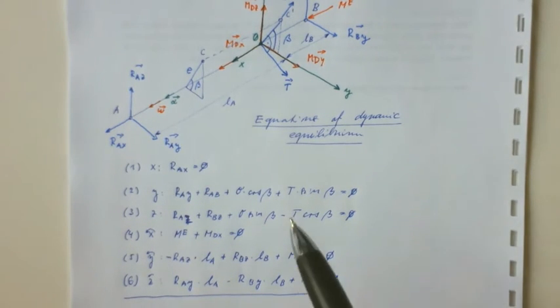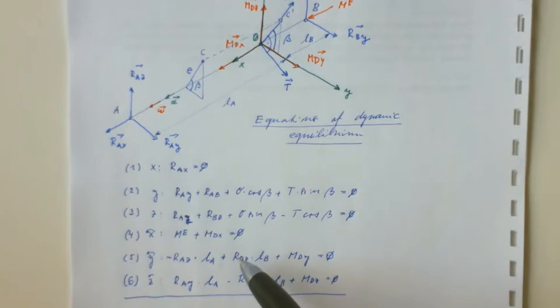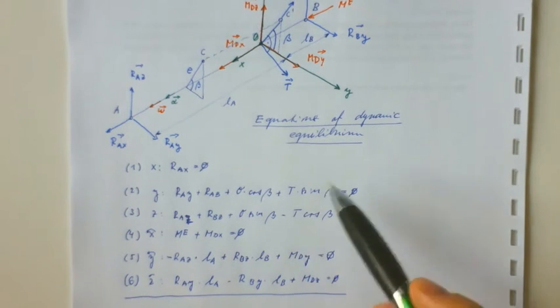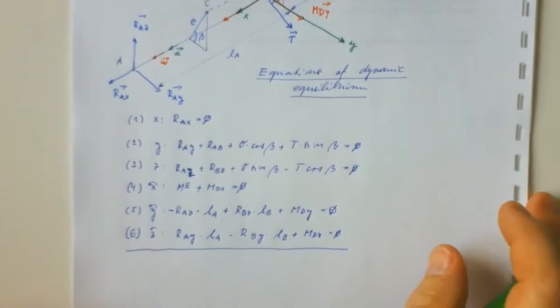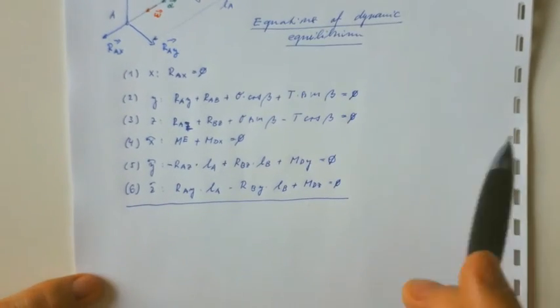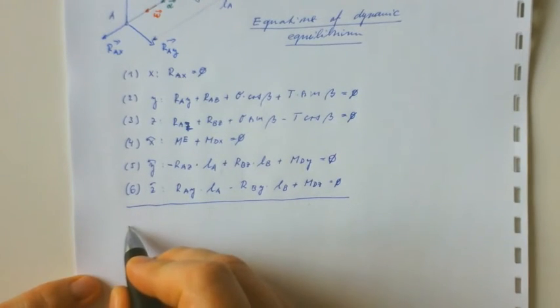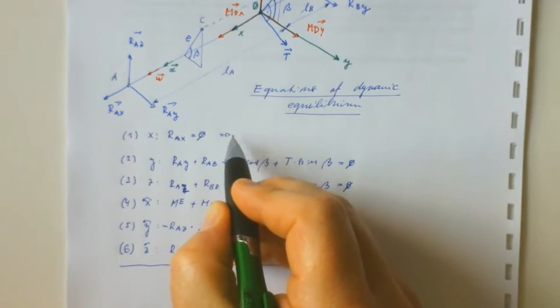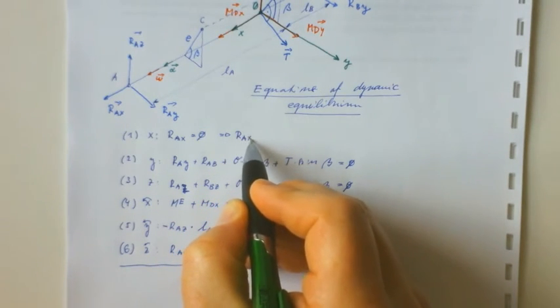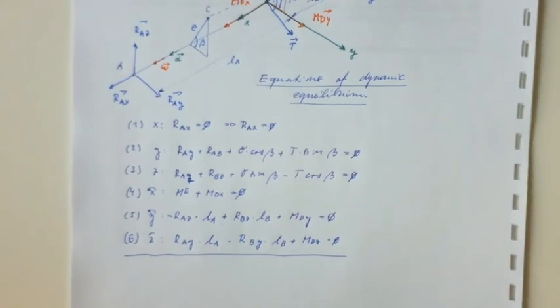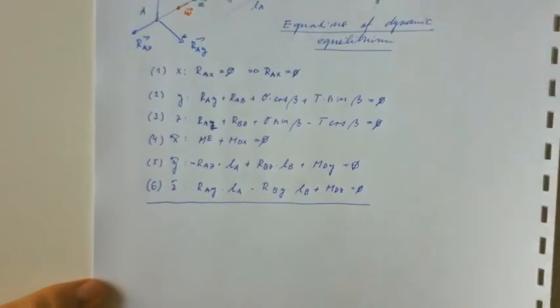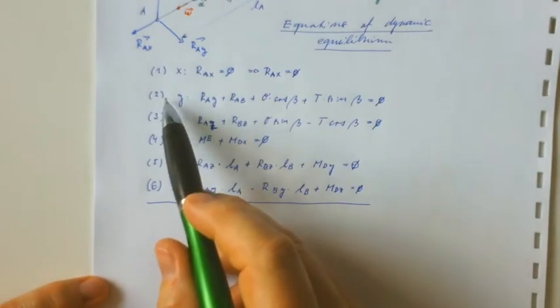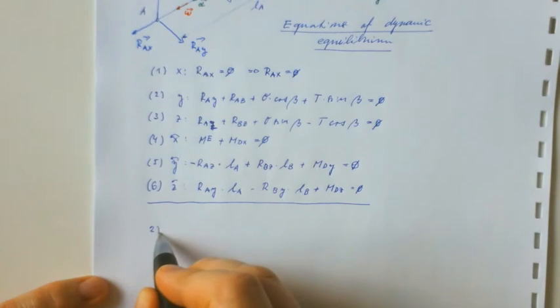So we described the system by 6 equations, and now it is very easy to continue, because from the first equation it follows that Rax is 0 in all cases, so we can continue from the second equation.